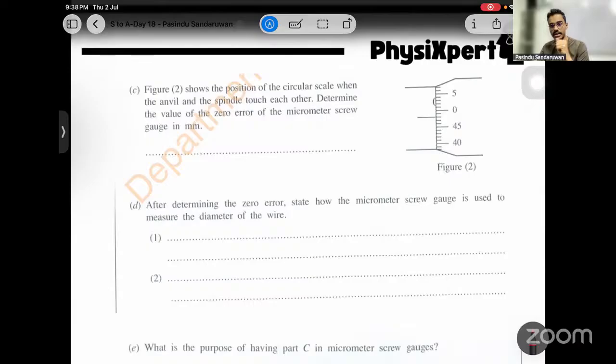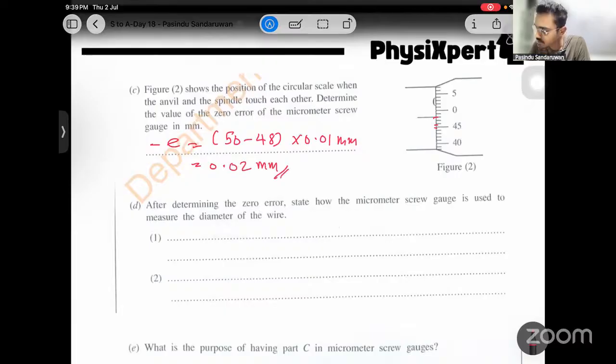The negative zero error is always total minus coincided. The coincided division is 48, so 50 minus 48, into the least count 0.01 millimeters, that is 0.02 millimeters.